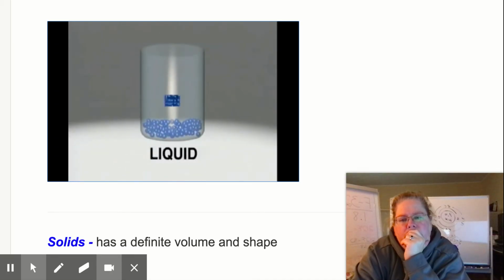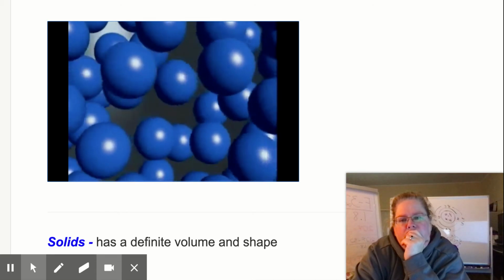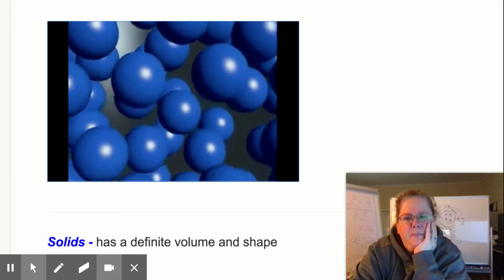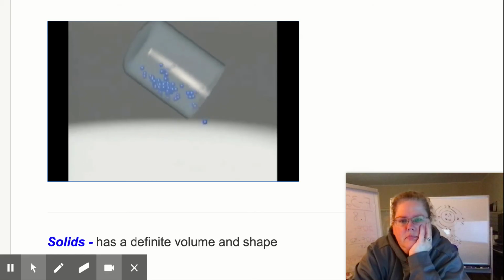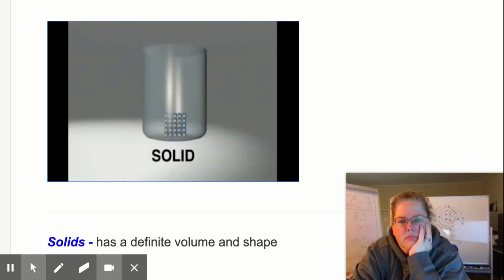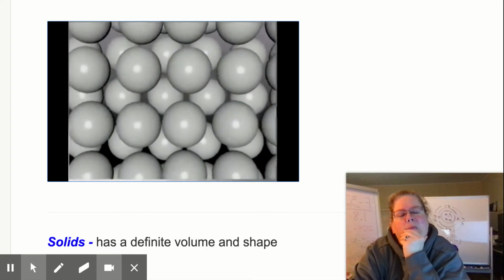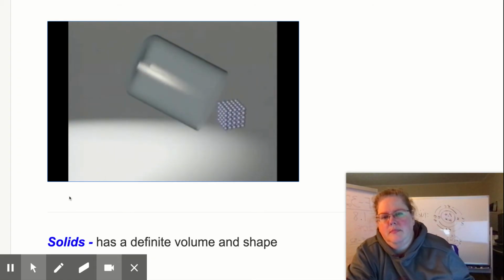Liquids have a definite volume and assume the shape of their containers. The particles of a liquid are closely spaced, and so their motion is still random, but much more limited. The particles slip past and collide with near neighbors. Solids have a definite shape and volume. Particles of solids are in fixed positions and collide only with near neighbors.